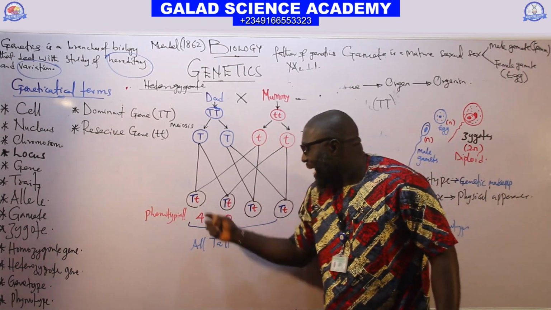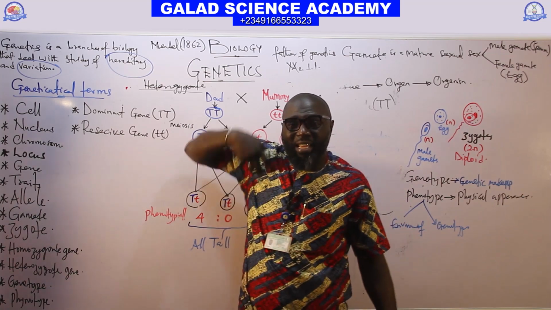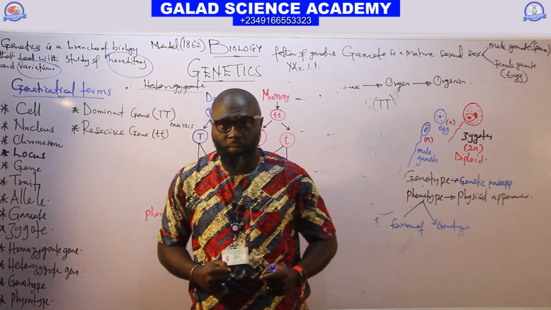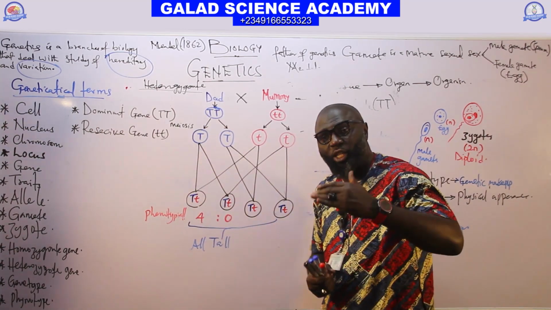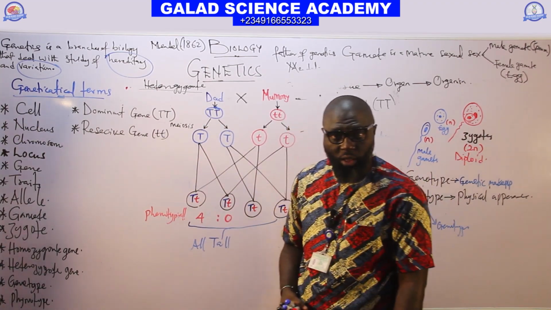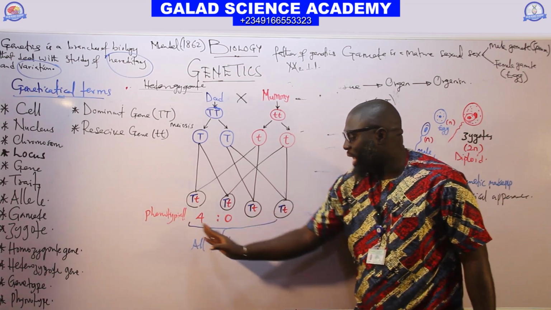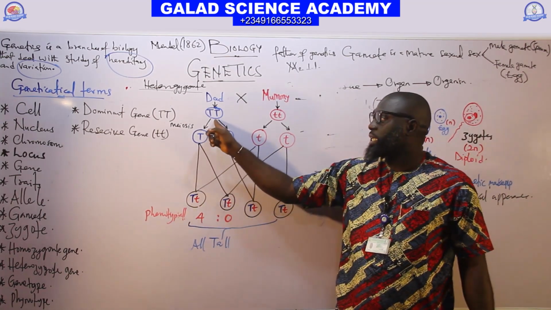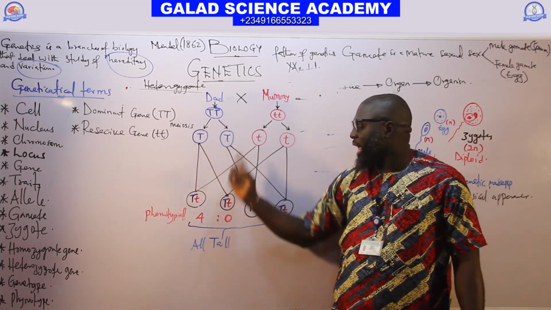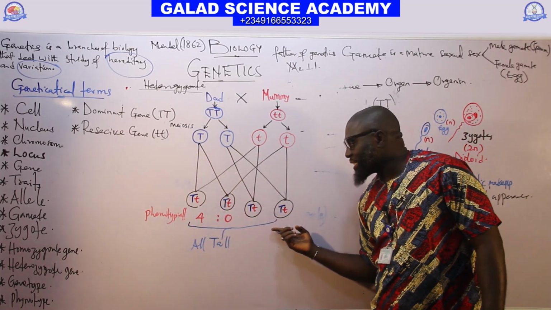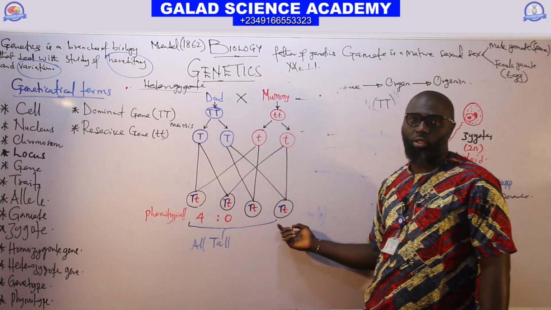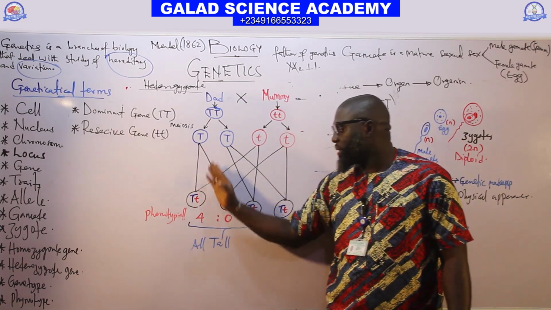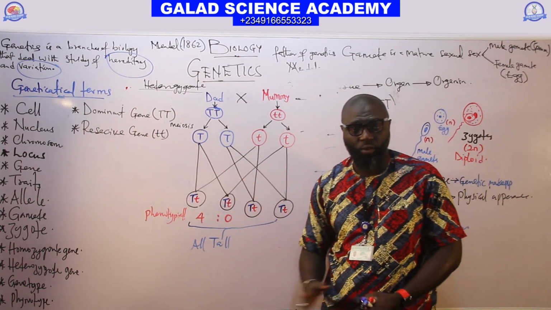But because my dad's gene is dominant over my mom's gene, it makes me tall. Assume if my mom's gene were dominant, I would be short. So the dominant gene here is the capital letter T, the one that expresses itself in heterozygous condition. So that is the dominant and the recessive gene.